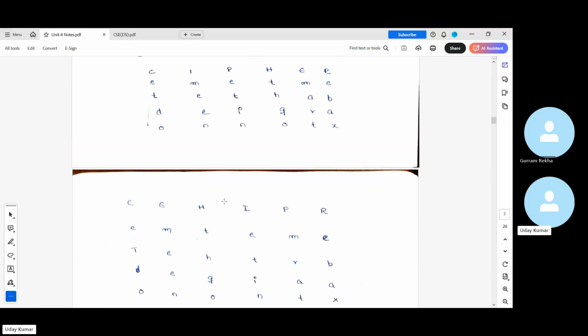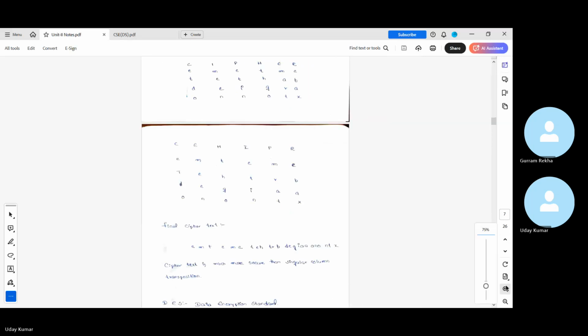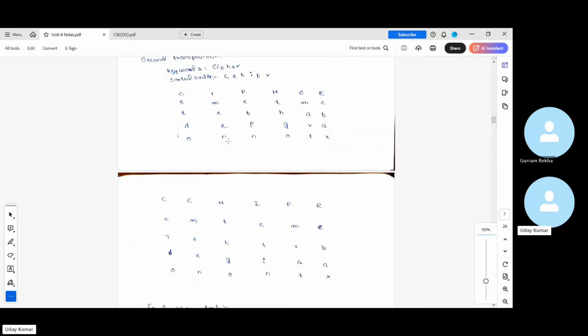But here, students, if you just observe this, CEHIPR, I've written correctly. So CETDO, correct? Next, E. E is here, MART. I should have written MART here.